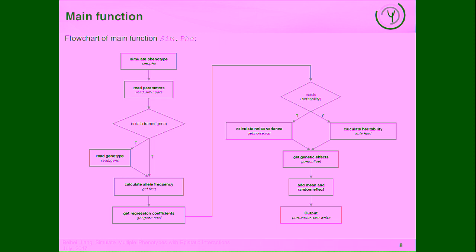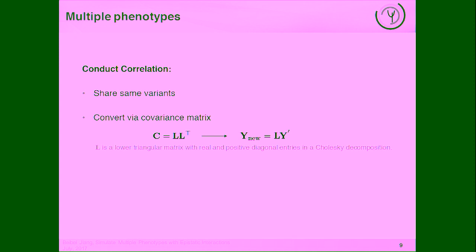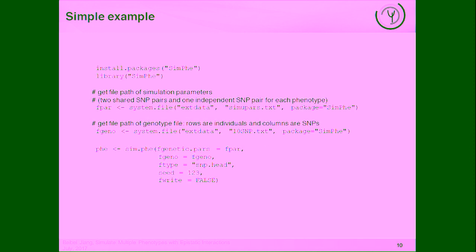But if you don't give it, that will not happen. So for simulating multiple phenotypes, if you set them to share the same genetic basis, they are correlated. Otherwise, to get a certain correlation, convoluting through a covariance matrix is an option.